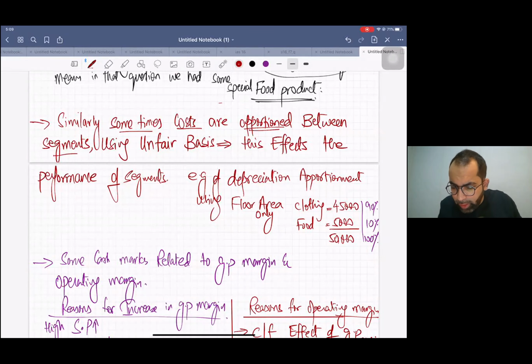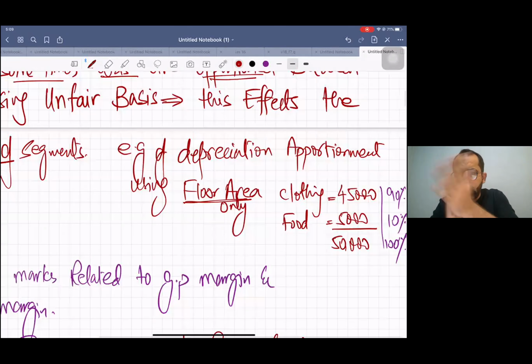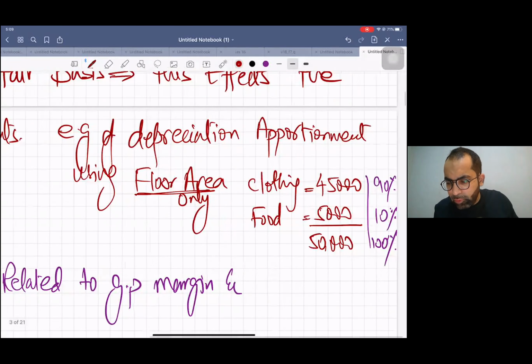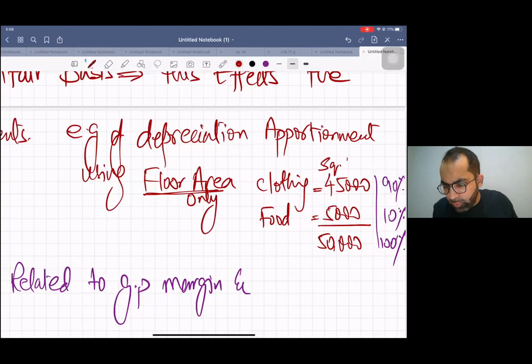The floor area given in the question is 45,000 square feet for clothing and 5,000 for food. Total floor area is 50,000.